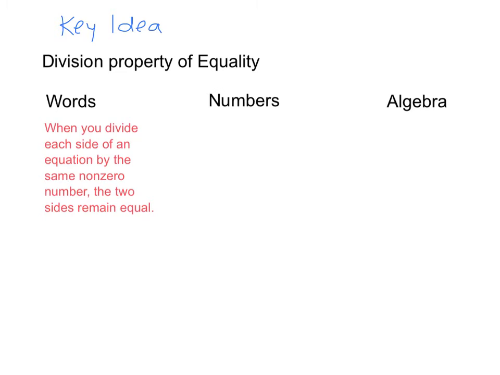So looking at this in numbers, we have 8 times 4 equals 32. Okay, that makes sense. If we said 8 times 4 and we divided out the 4, it would equal 32, and we would divide out the 4 over here.